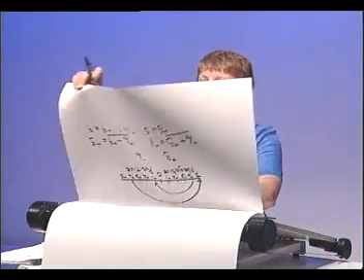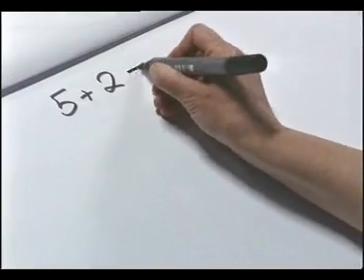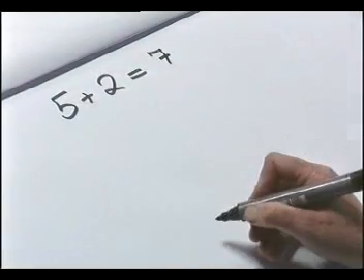Well, to try and generate an easy rule, I'm going to look at some patterns of both addition and subtraction. And we'll start with addition. And we'll start with something that we know. If we start with 5 plus 2, we know that is 7.